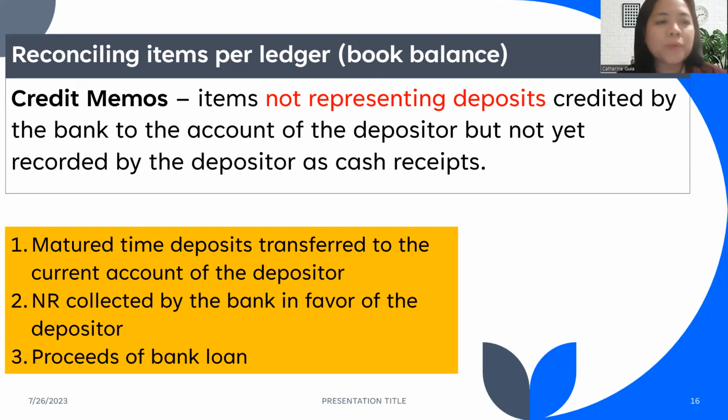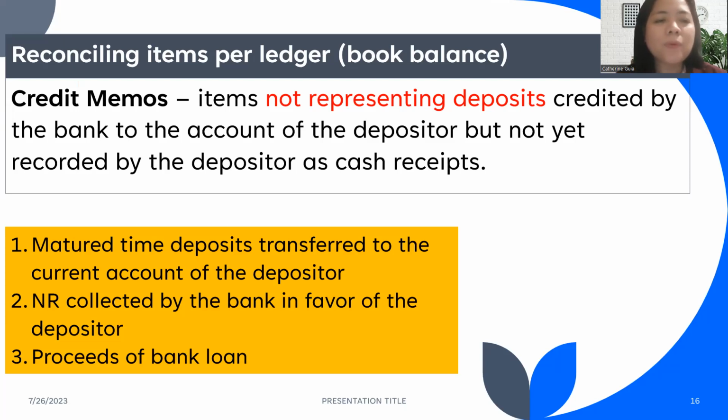That is also a reconciling item because it did not appear in the books of the entity, because it directly appeared in the bank statement. Meaning the payment of the customer did not reach the hands of the business or of the entity, but instead it went directly to the bank as deposit.